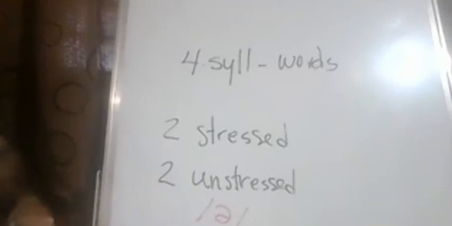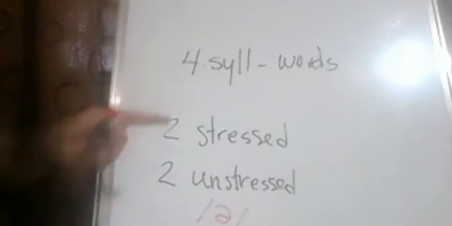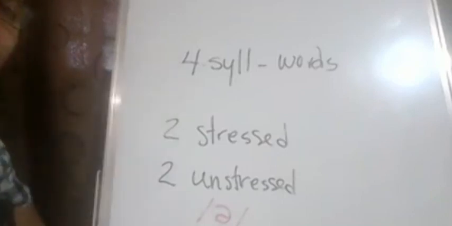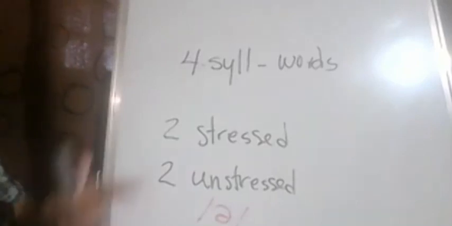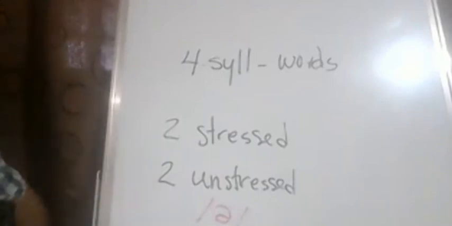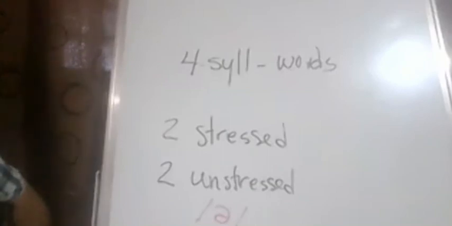So what happens is that there is a primary and a secondary stress in long words in English, not in Spanish. The unstressed syllables can be reduced to schwa. So you're right. Any other questions?